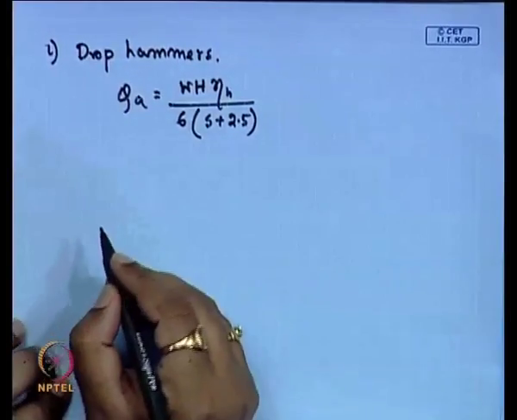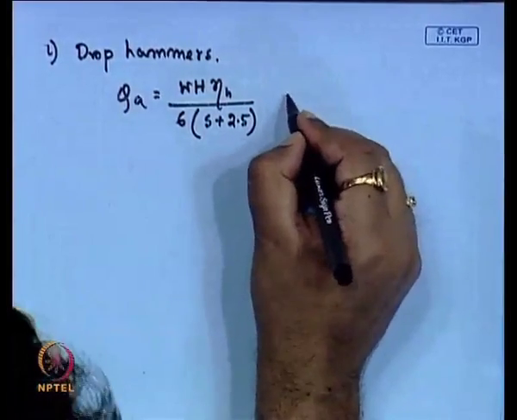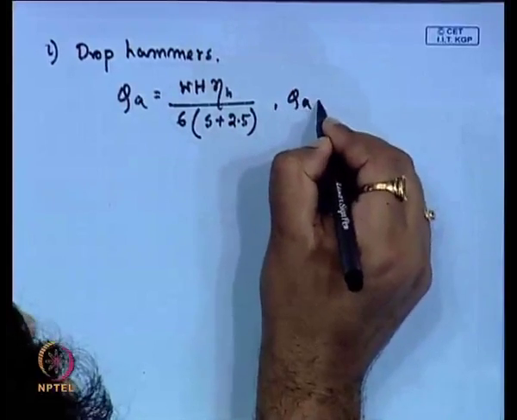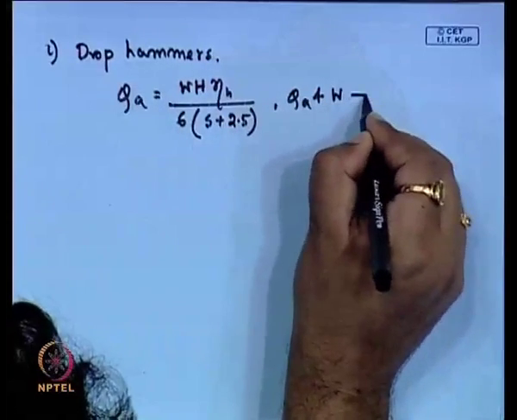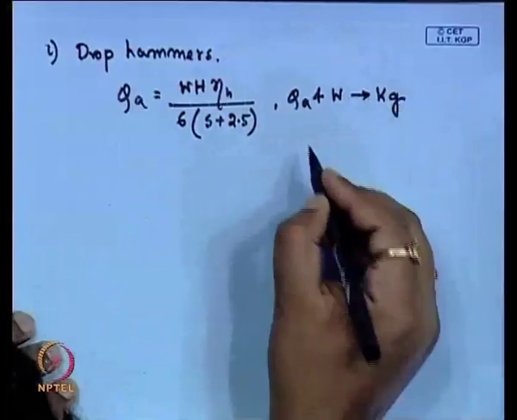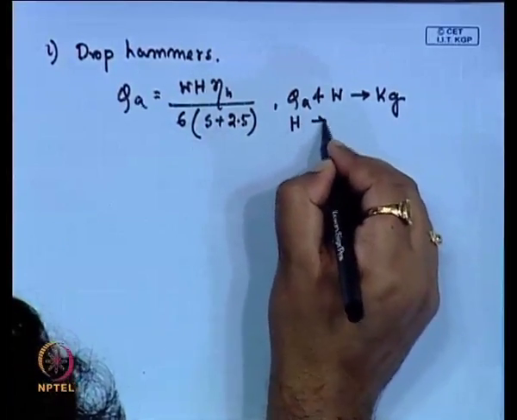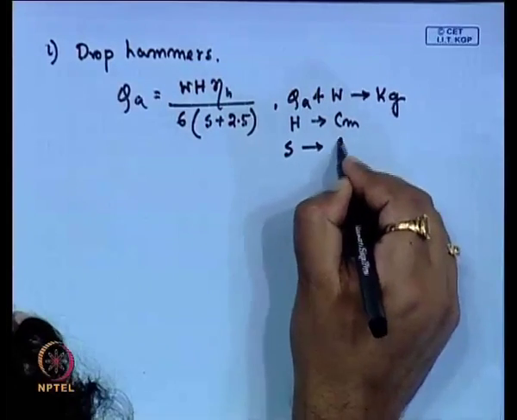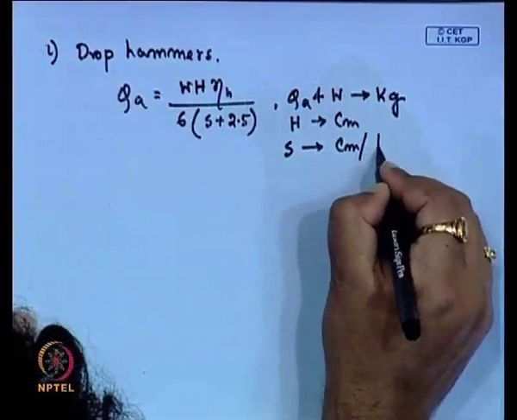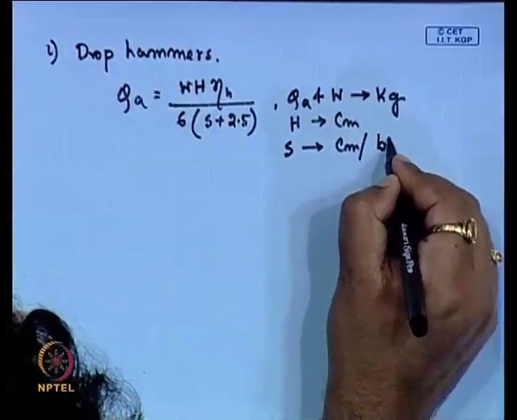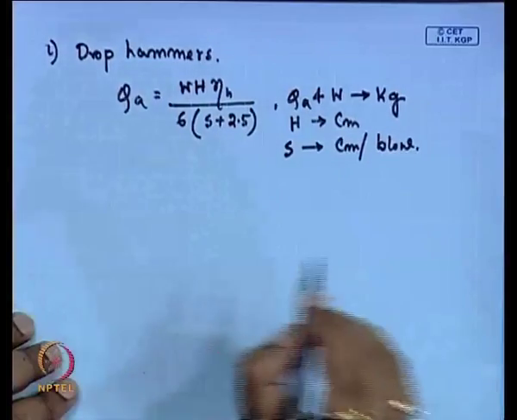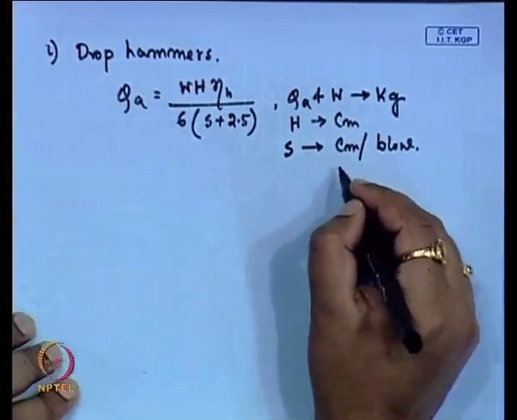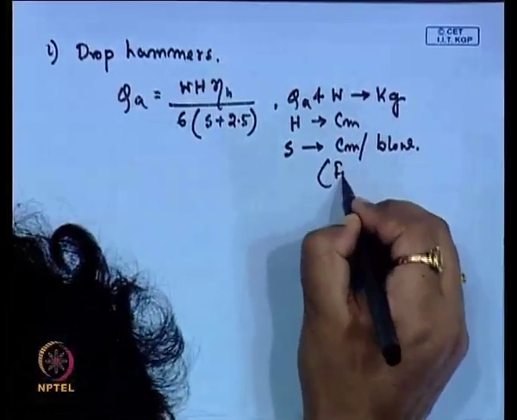This is for the drop hammer, where Q A and W are in kg, H is in centimeter, S is in centimeter per blow, that is the final set or the real set.